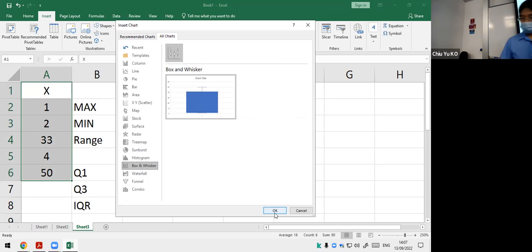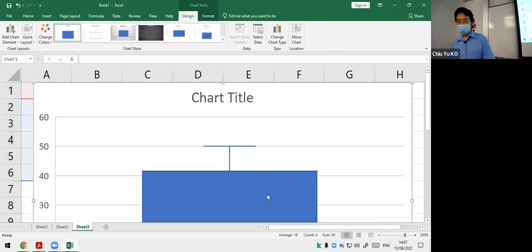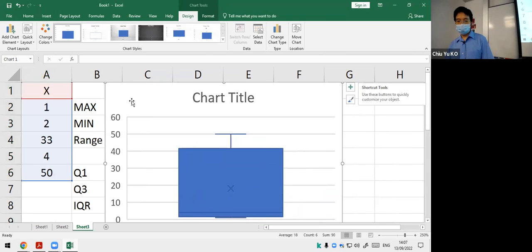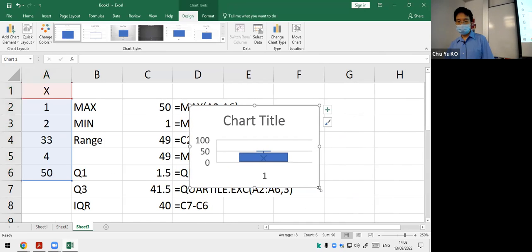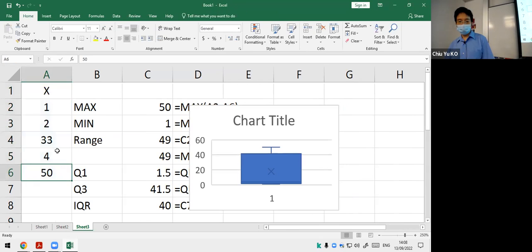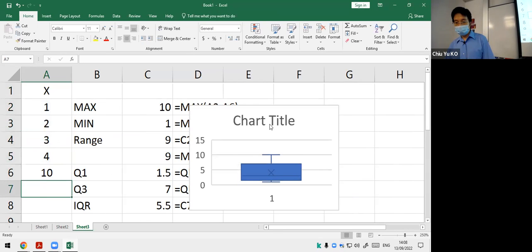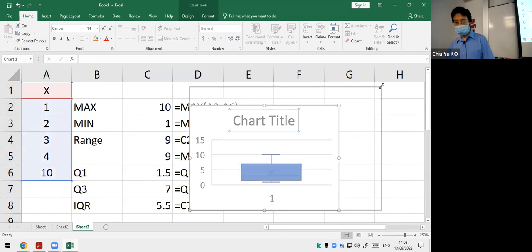You can just click OK, and it looks very big, so maybe I make it smaller. Then this one looks better.